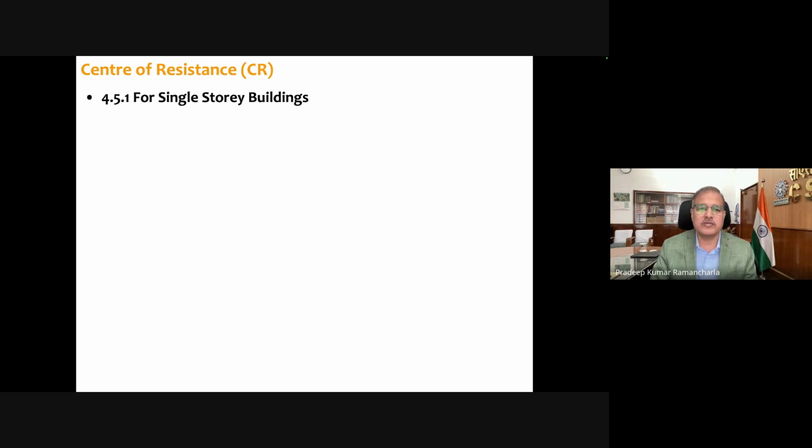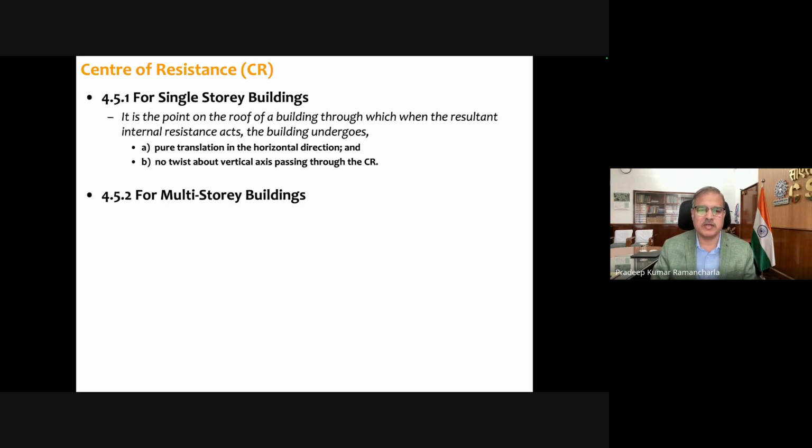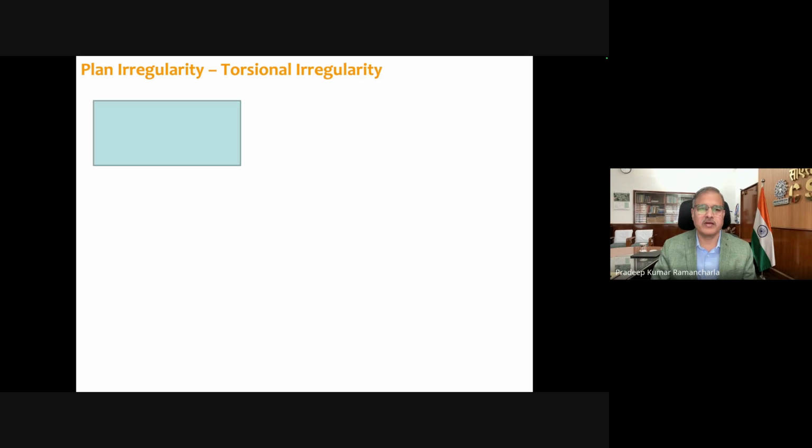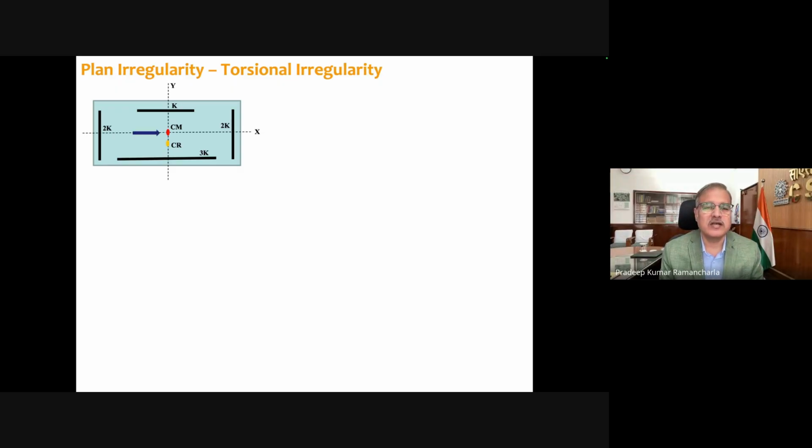Center of mass, center of resistance, I am skipping this one for the paucity of time. Torsional irregularity, as you can see, is a simple example. When building mass is evenly distributed, the center of mass usually falls on the center. Then, as you can see here, stiffnesses along the x-axis are not uniform. Along the y-axis they are uniform. So the center of resistance is shifted towards the higher stiff elements.